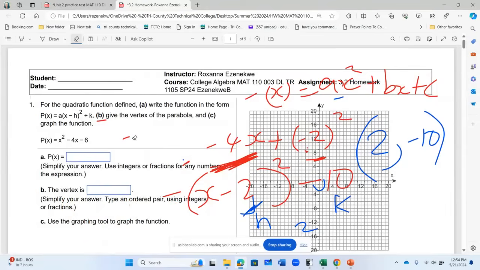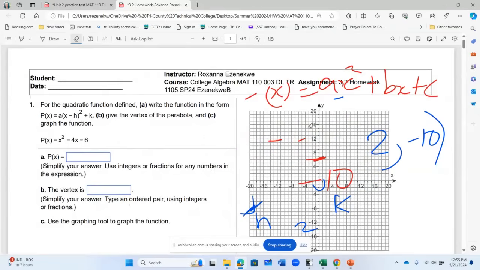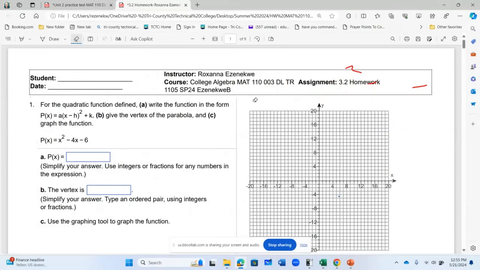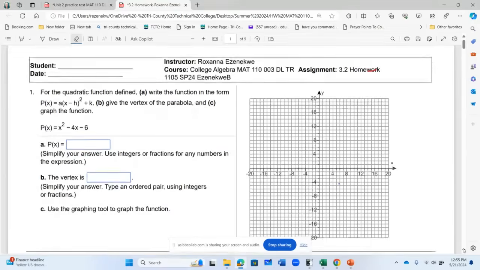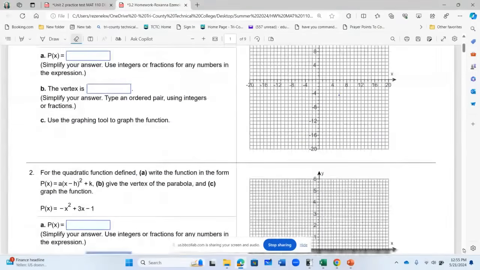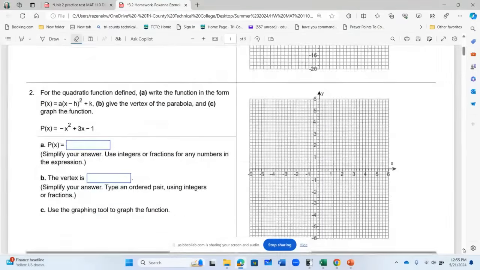After some time we add in what is called completing the square. So let's do one more of changing from standard form of a quadratic function to vertex form.